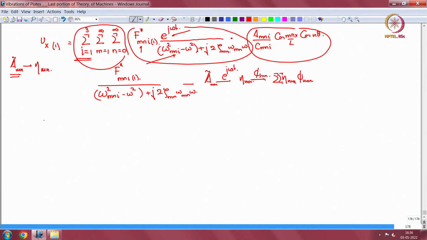Then u theta, which for the first set is again summation over i running from 1 to 3, summation over m going from 1 to infinity, summation over n going from 0 to infinity, same f m n I 1 star, but this time I have a different theta directional mode.